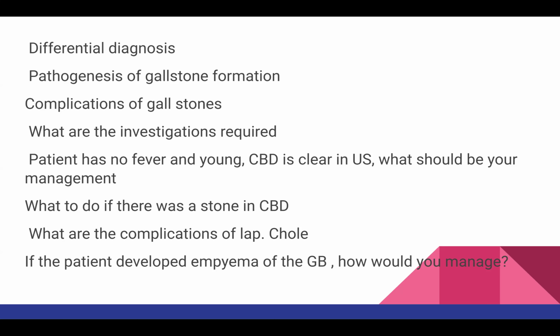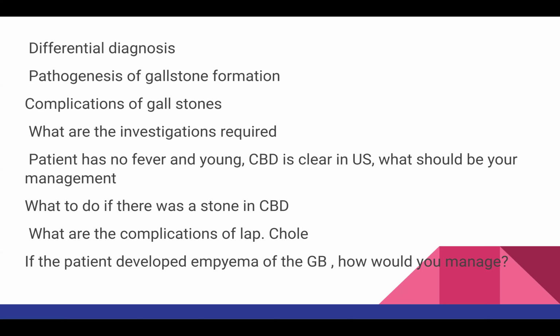Okay, so if the patient has developed empyema of the gallbladder, how will you manage that scenario? In empyema gallbladder, we can manage the patient according to the CCRISP protocol, the A to E approach. We can start the patient with IV fluids and IV antibiotics. We can give analgesics for pain management. We can also give high flow oxygen.